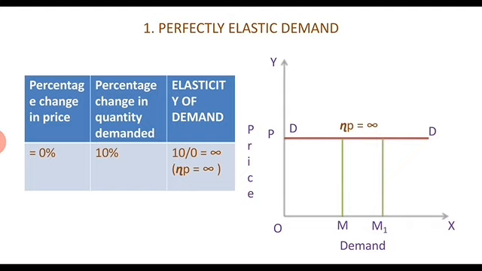If there is no change in price but there is a change in demand, it is perfectly elastic demand. There is no change in price, and demand is changed by 10%. The perfectly elastic demand curve is parallel to the x-axis.